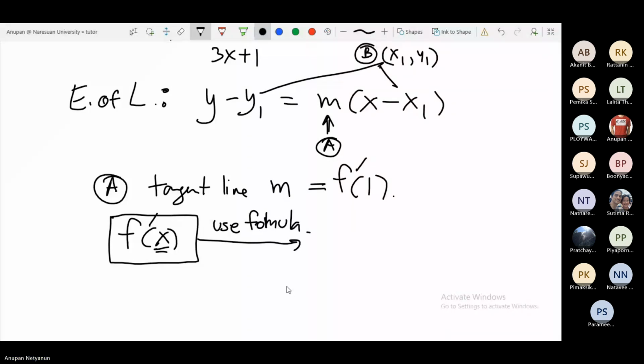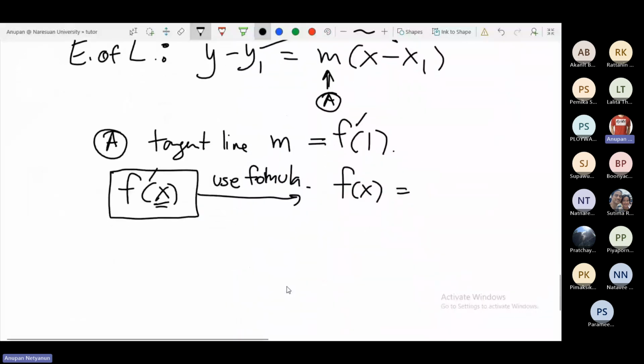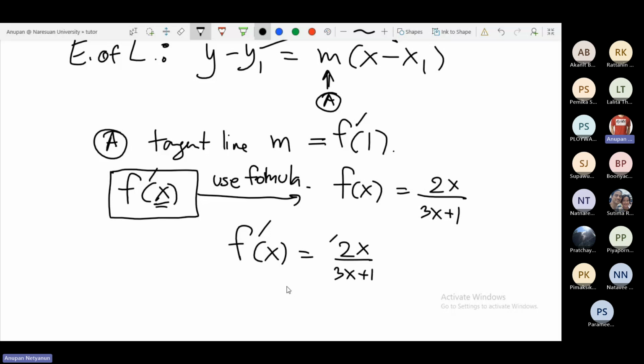Okay. So your f(x) is 2x over 3x plus 1. So I take the derivative on the left side, the same as I take the derivative on the right-hand side, right?